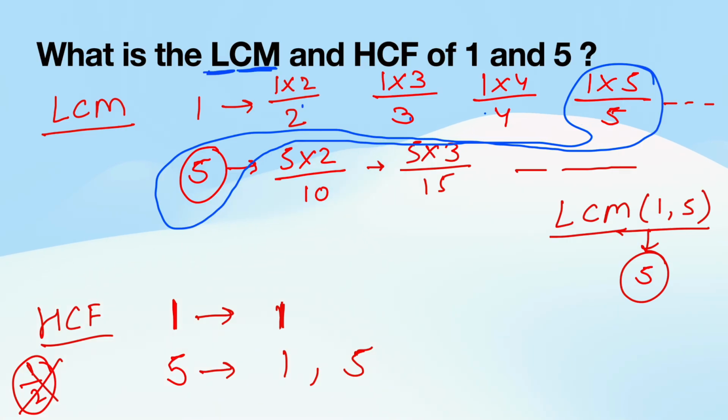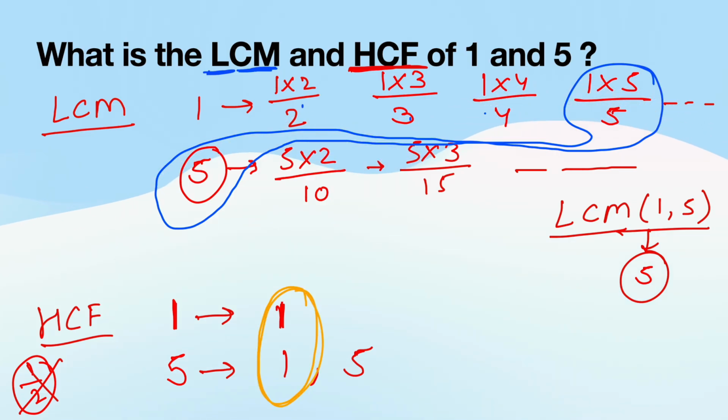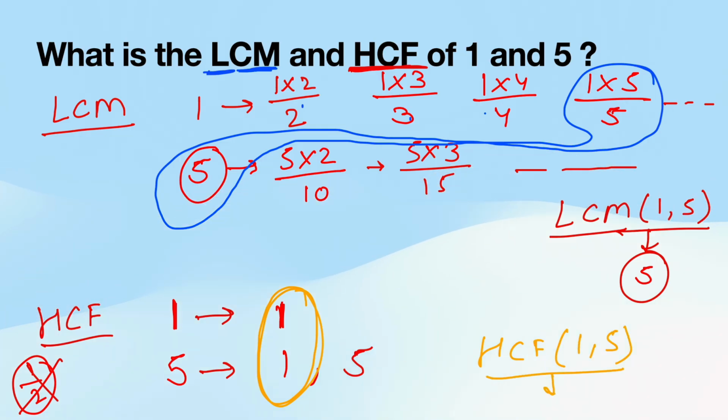Now they are asking about the highest common factor, that factor which is common in these two and is the highest. So that is 1. So the HCF of 1 and 5 is 1. Alright. So the LCM of 1 and 5 is 5, but the HCF of 1 and 5 is 1 only.